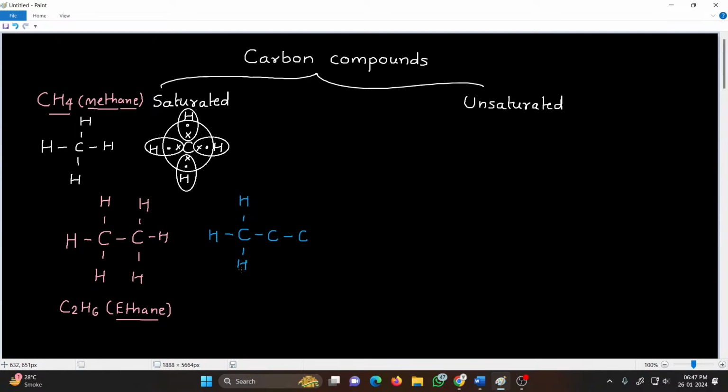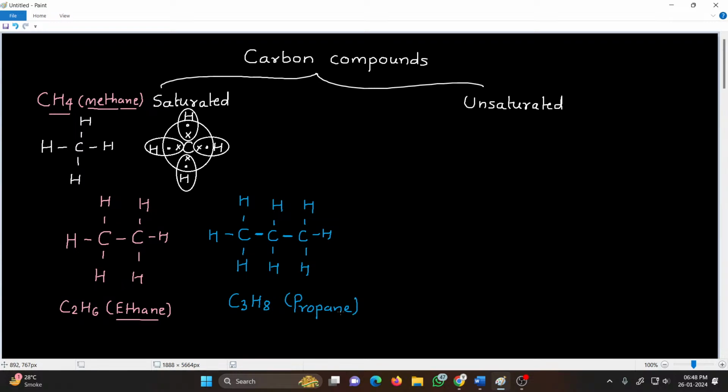If you look at the middle carbon, you can see it has shared 1 electron with this carbon and 1 electron with this. So, 2 more electrons are needed, which can be supplied by 2 hydrogen atoms, and like this you can have a compound C3H8. 3 plus 3 is 6, 6 plus 2 is 8. The name of the compound is propane.